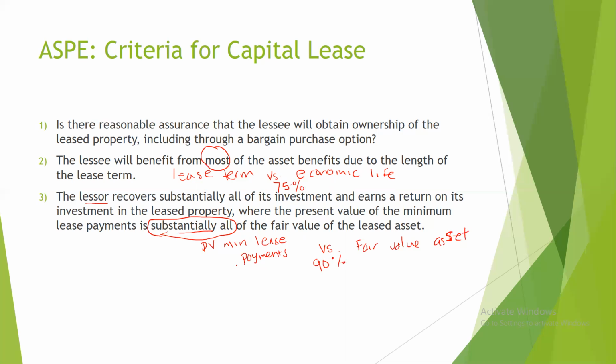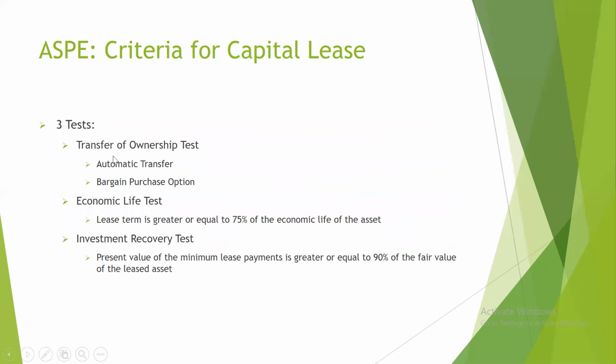So is the present value of the minimum lease payments at least 90% of the fair value of the asset? So we do have guidelines on what is substantially all and what is most. Okay, so looking at those criteria, those criteria are from the handbook.